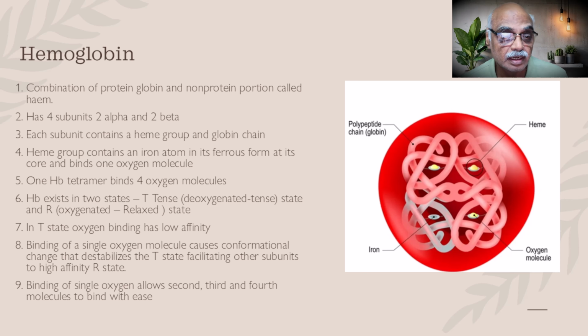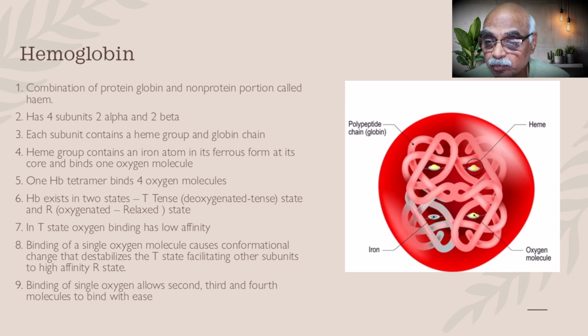In an unbound state, hemoglobin exists in the T state, where oxygen binding occurs with low affinity. The T state hemoglobin thus requires a higher partial pressure of oxygen to facilitate the binding of oxygen.